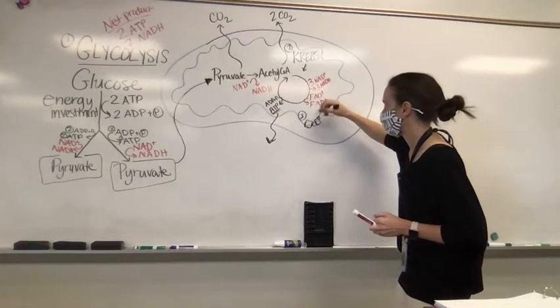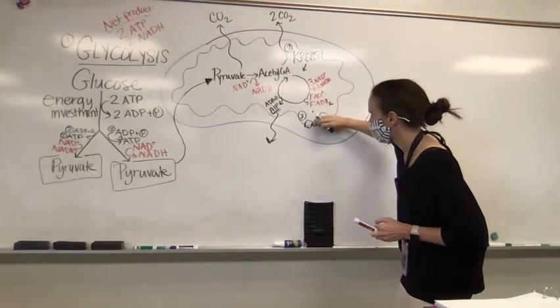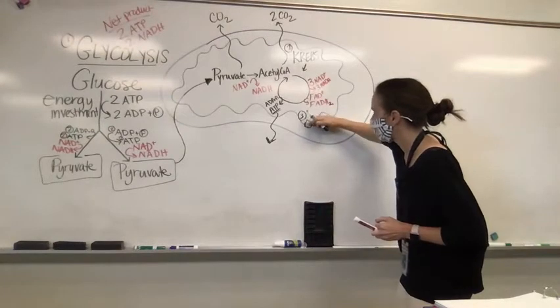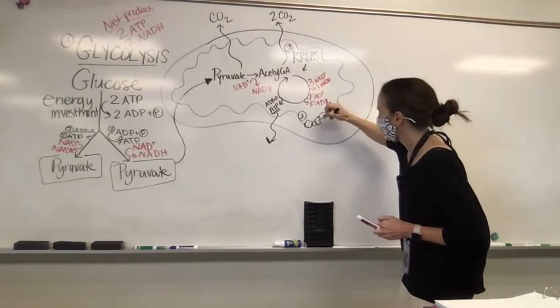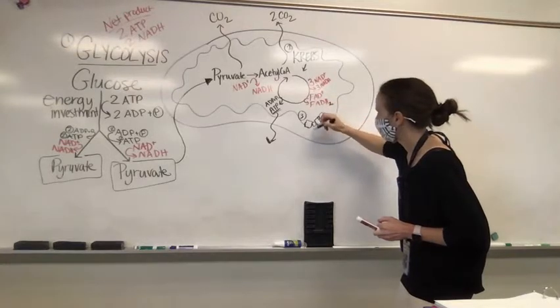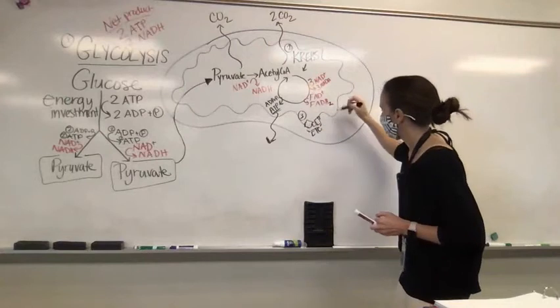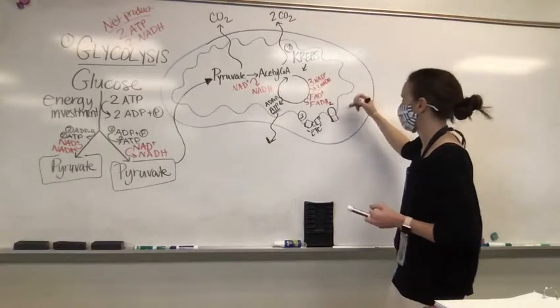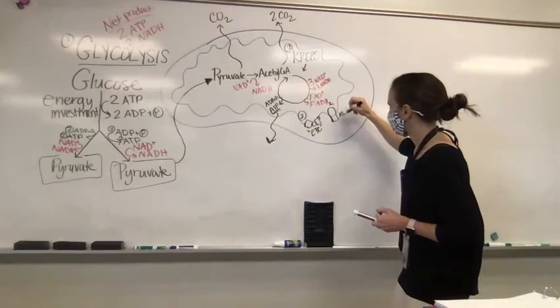It's got 4 proteins instead of 3, but it's very, very similar. Same process, got a pump for your protons, so we've got an electron transport chain right there. And then we have some chemiosmosis going on too. So we have an ATP synthase right here, or wherever, but they're usually next to each other.